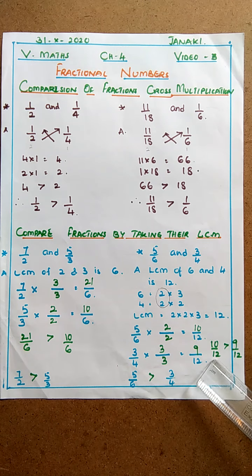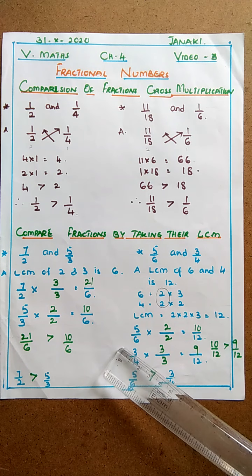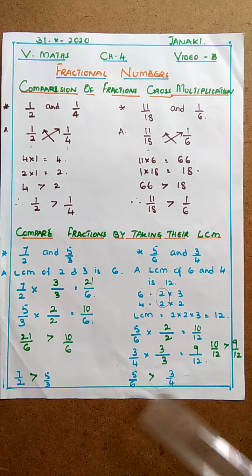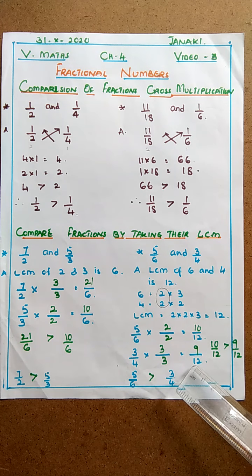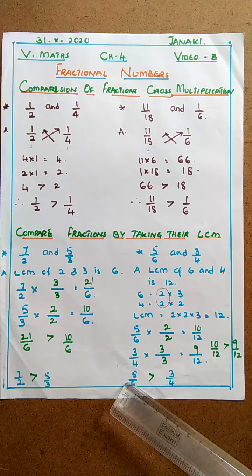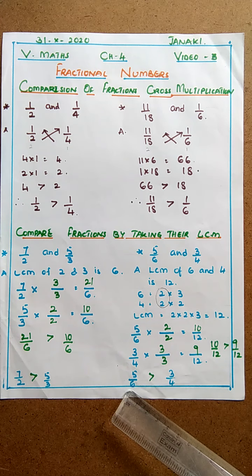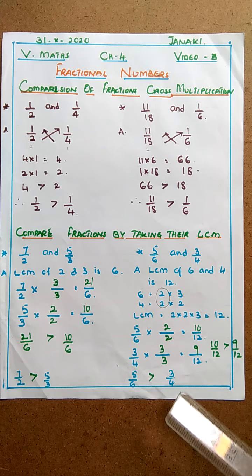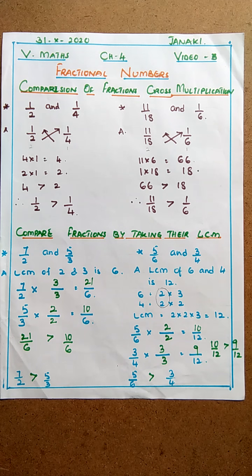But what does 10 by 12 represent? 10 by 12 represents 5 by 6 and 9 by 12 represents 3 by 4. So, 5 by 6 is greater than 3 by 4. So, this way you will compare the fractions by taking the LCM of the denominators.